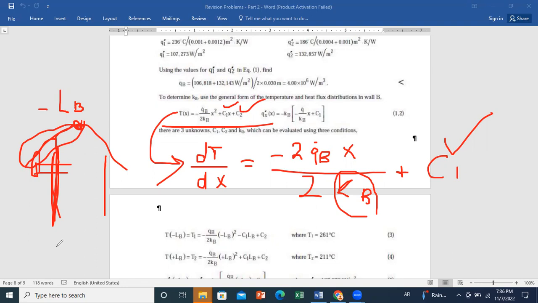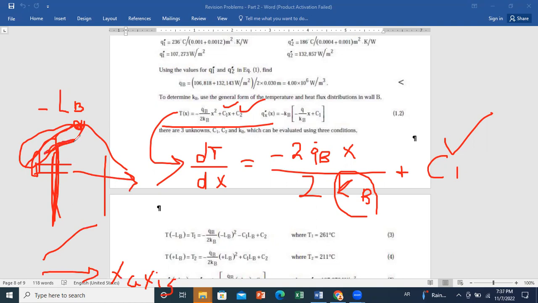Yes, because temperature is increasing in this direction. So if you consider your x-axis in this direction, this is the positive convention we are taking for the x-axis. You will get here dT by dx to be positive.